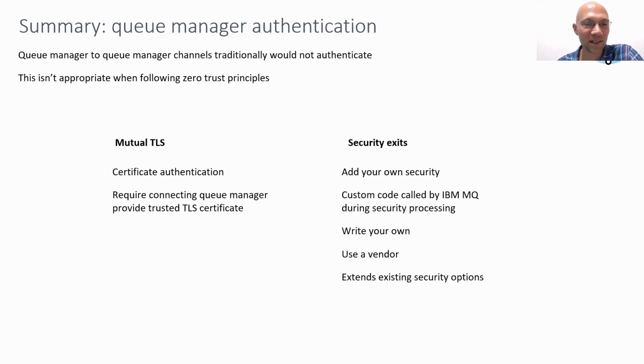And typically you might not have been authenticating those connections in the past, but in a zero trust world, you really should be authenticating those these days. And the options that you have for doing that are essentially a subset of what I had on the previous slide for applications. It's simply mutual TLS and security exits for connections coming in from other queue managers.